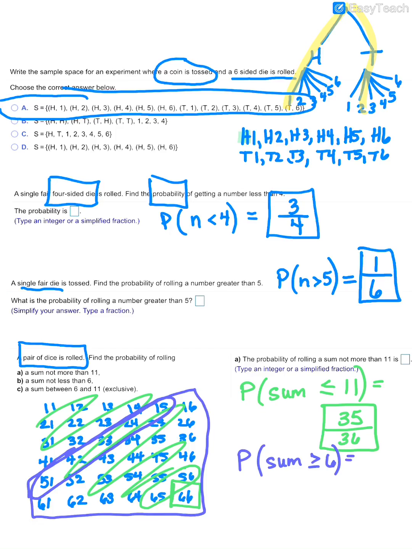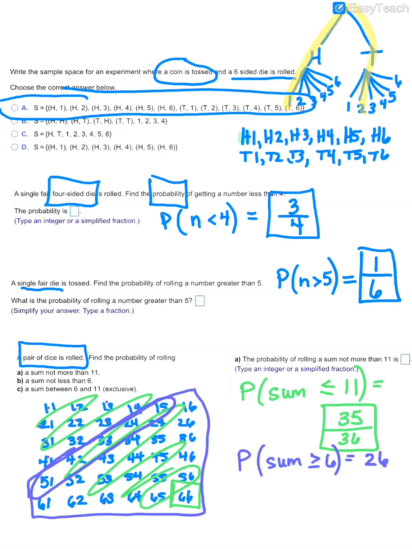So again, probably the easiest way is just to count backwards how many sums are actually less than 6. And so if I count those, 1, 2, 3, 4, 5, 6, 7, 8, 9, 10. If 10 sums are less than 6, that must mean that 26 sums are not less than 6, because remember there are a total of 36 outcomes.